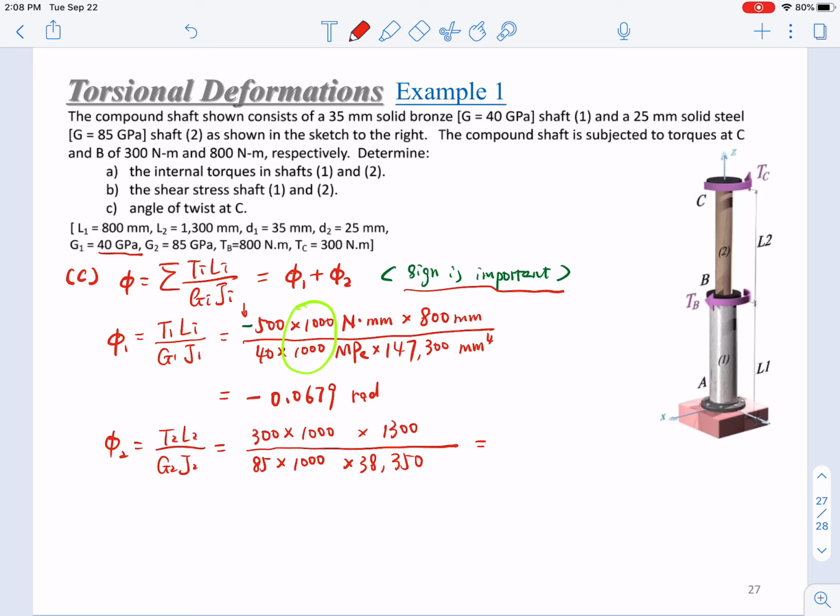The result here will be 0.1196 radian. So phi would be phi 1 plus phi 2, that is negative 0.0679 plus 0.1196. The result would be 0.0518 radian.